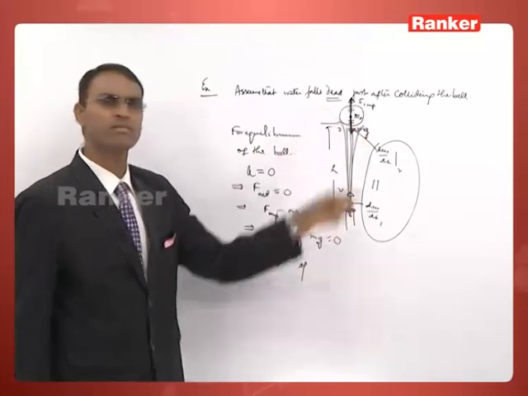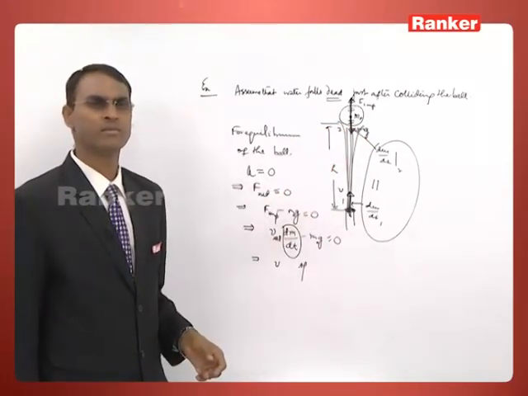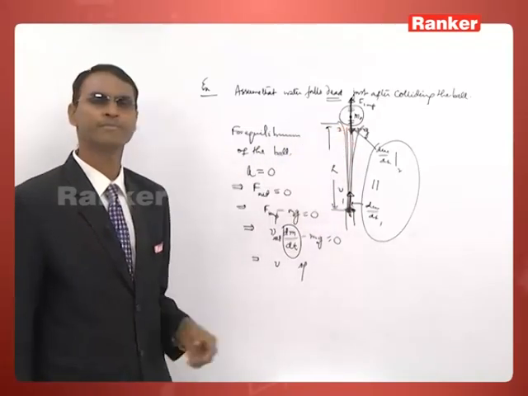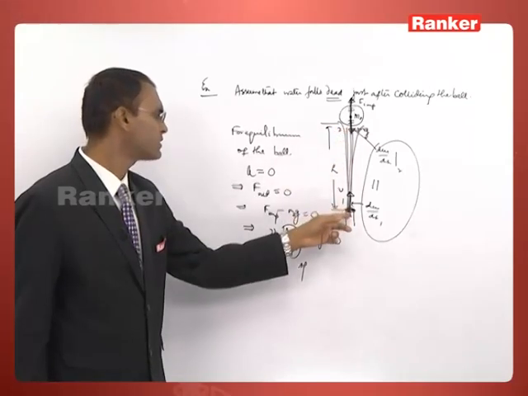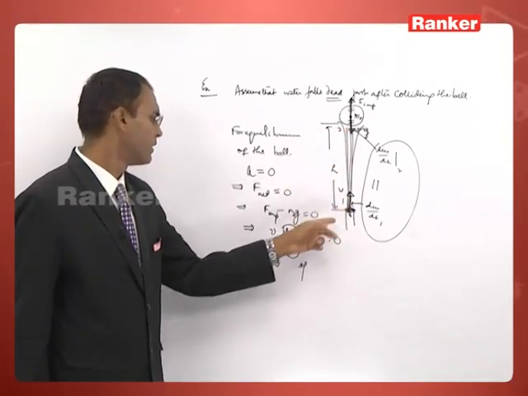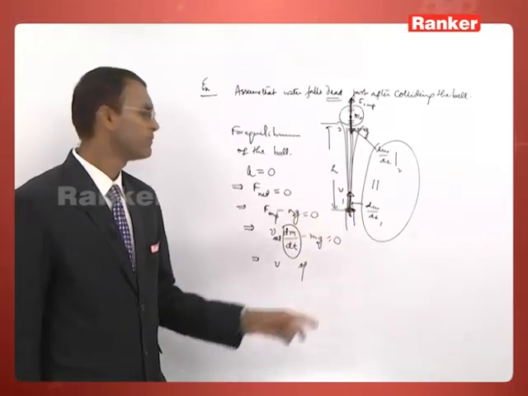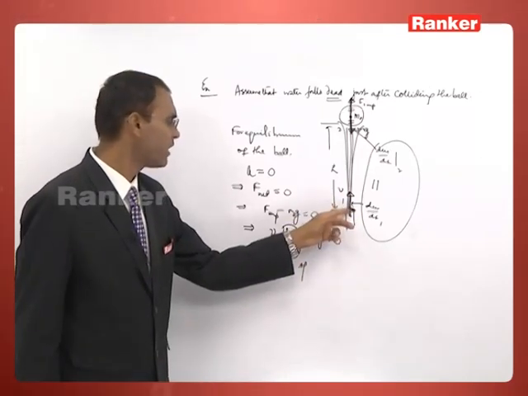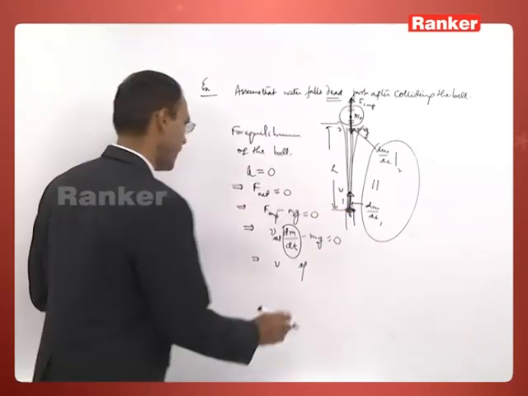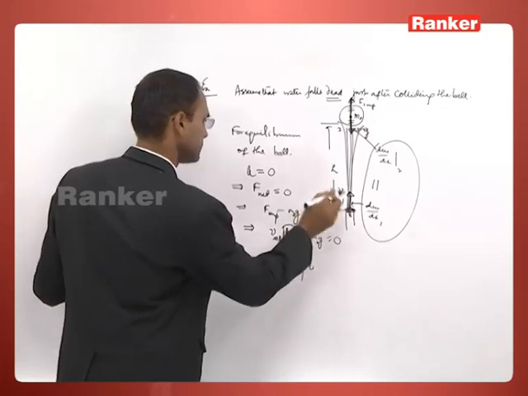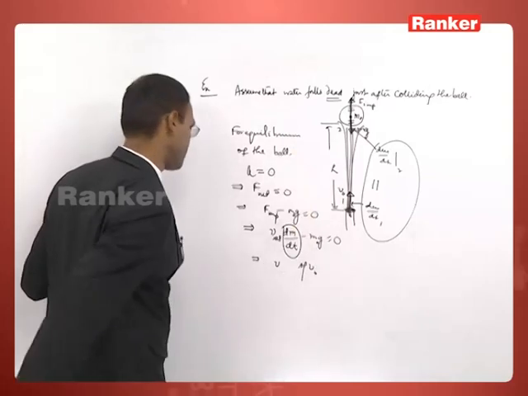Here the area we cannot calculate. What is the effective area at which the water is striking, even though you can calculate the velocity here? Therefore, we can use the area of the tube and the velocity of the liquid at this point into the density of the liquid. Let the velocity here be v naught.